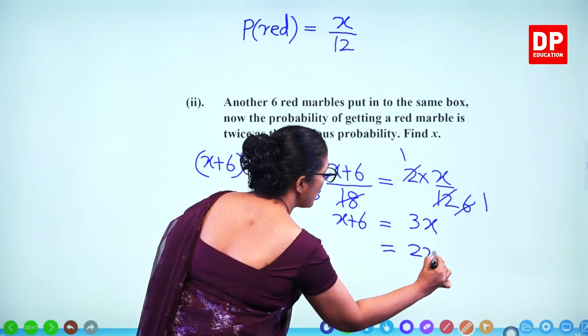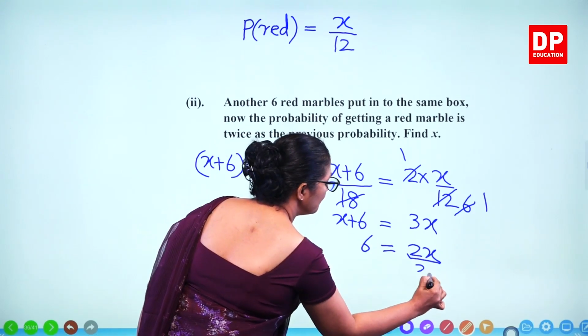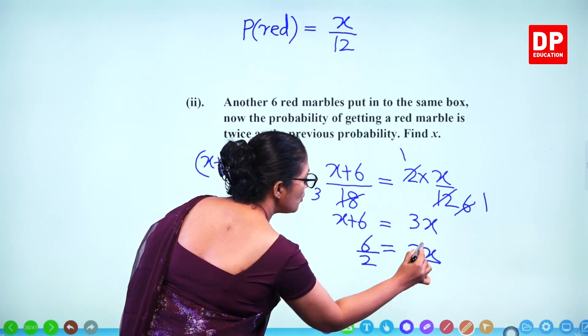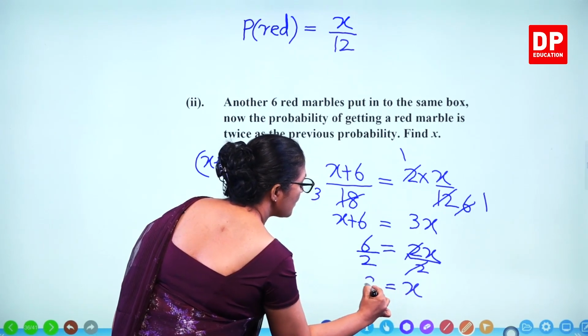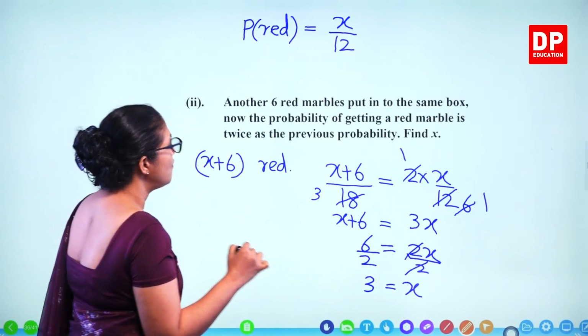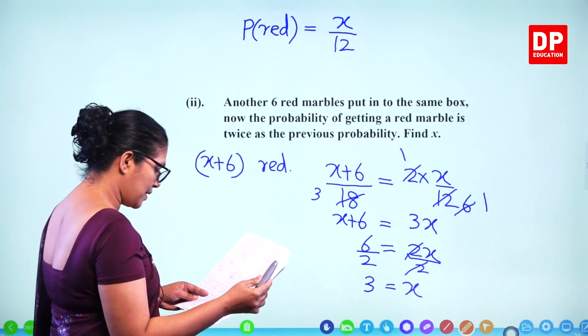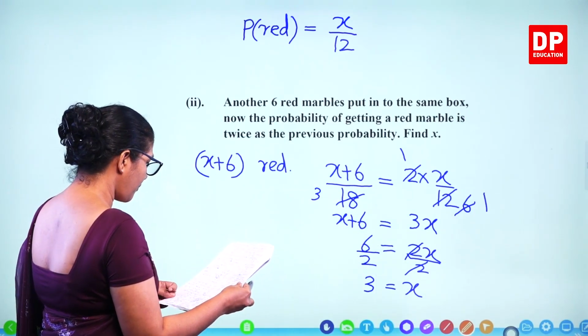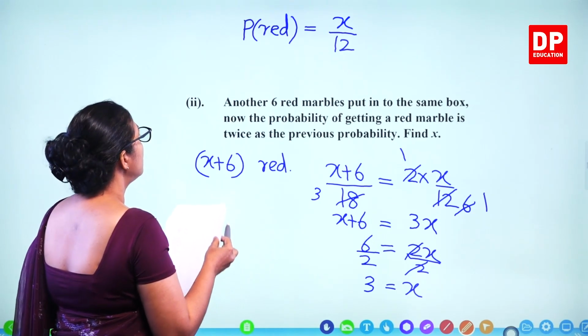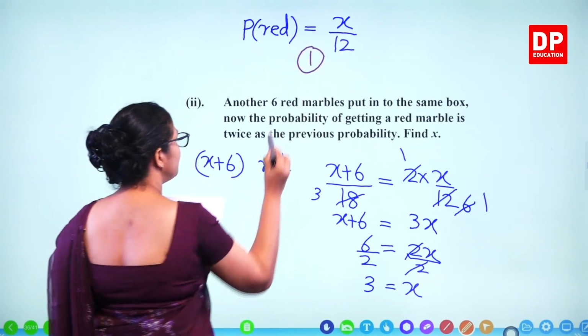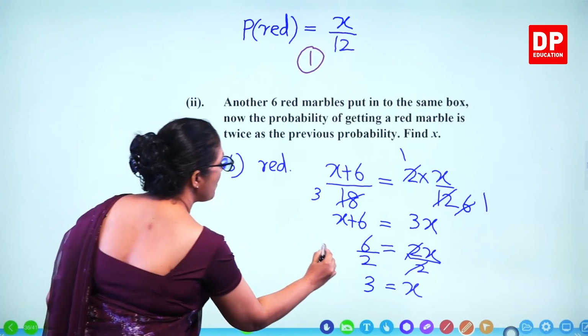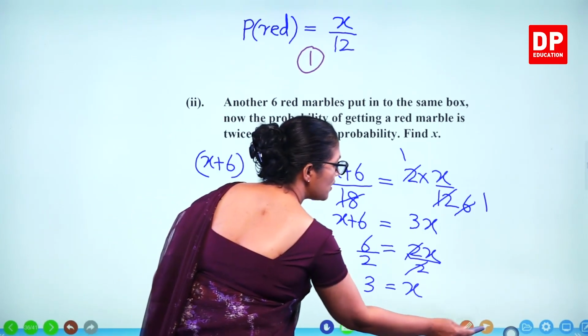Subtract x, 2x equals 6. Divide by 2, you get x equals 3. So that's the value for x. So how many marks for these 2 steps? You are getting 1 mark here and 2 marks here. Let's do the next part.